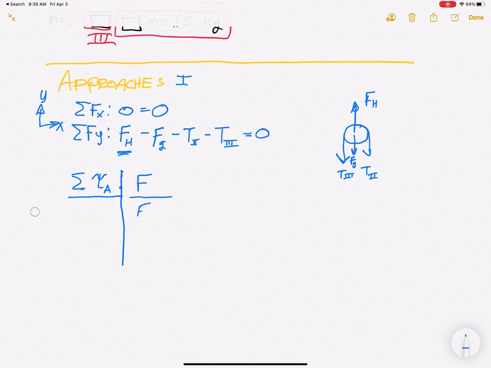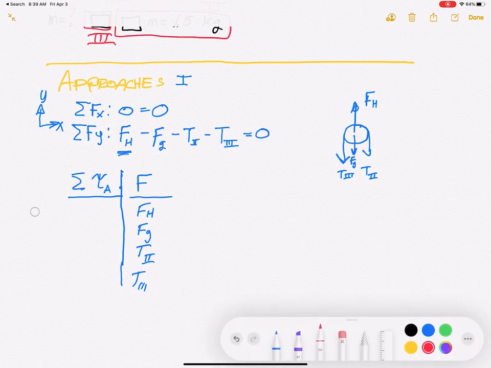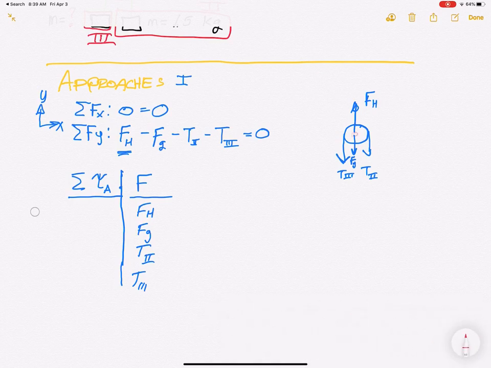I've got FH, I've got FG, I've got T2, I've got T3. Let's make sure it's clear that this is our rotation axis, the red dot.